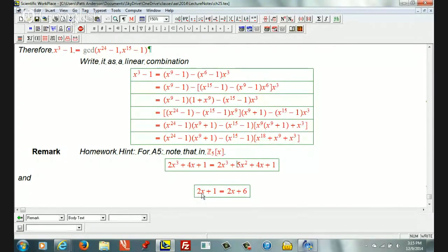And after you do some simplification, you're going to end up with a 2x plus 1. Go ahead and write that as 2x plus 6, because then you'll be able to see how to finish it. So here again, you're adding in 5. This is in Z5. Yeah. So those are the hints that you're going to need for your A5 homework problem. It's kind of fun if you know those two hints.